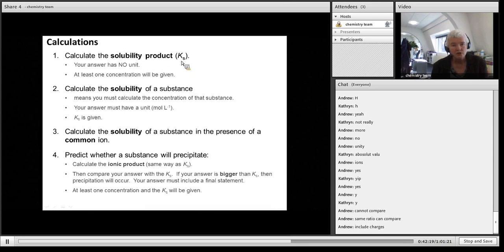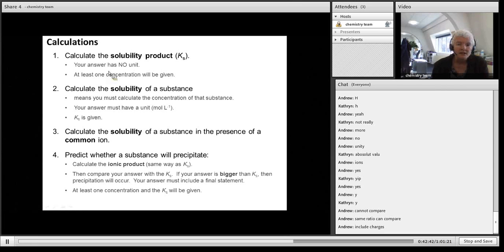If you do that, your answer has no unit, and you will be given at least 1 concentration. The only way they can make this a bit more difficult is if they give you a mass and a volume, so you've got to work out the number of moles and then the concentration.